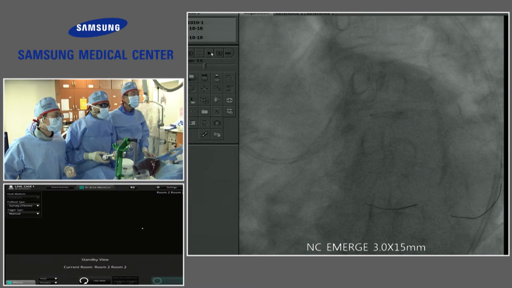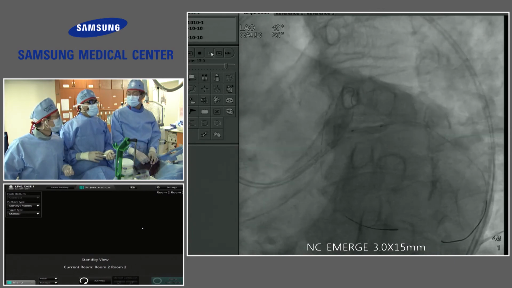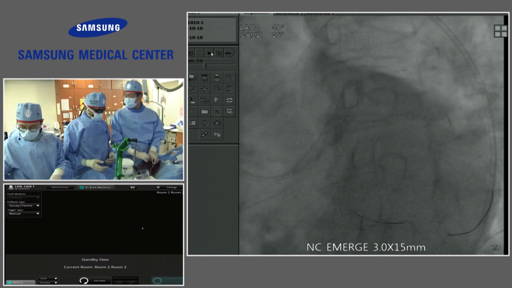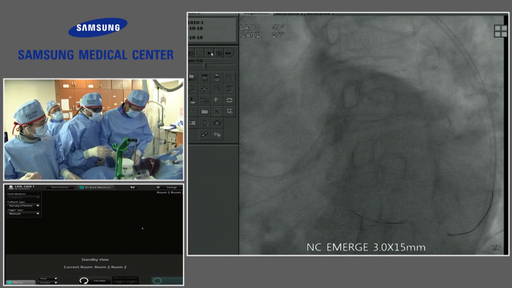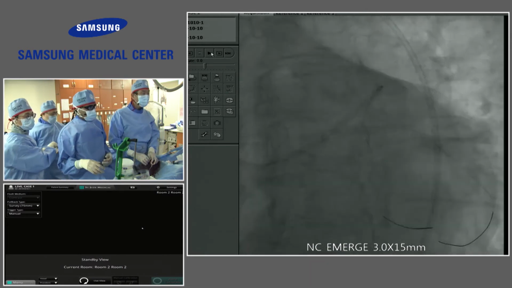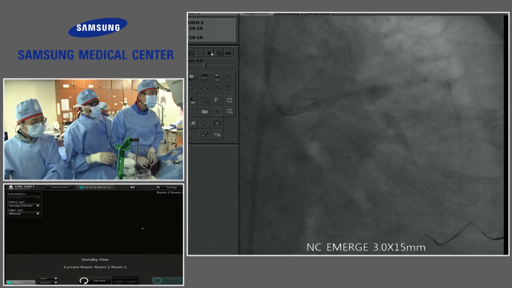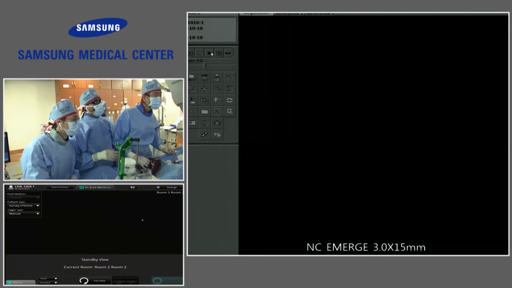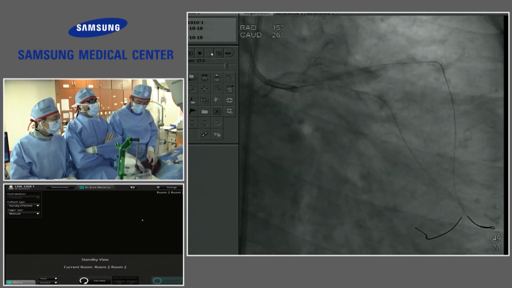So it is not a really good candidate for OCT imaging. You showed us a beautiful stent deployment in the left main bifurcation, but in the current situation, if you do the rotablation first in the left main and the ostium of the circumflex, and then do the imaging tool, you can show us a better result.